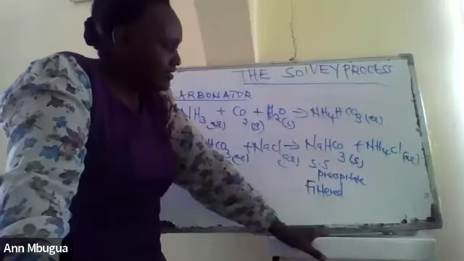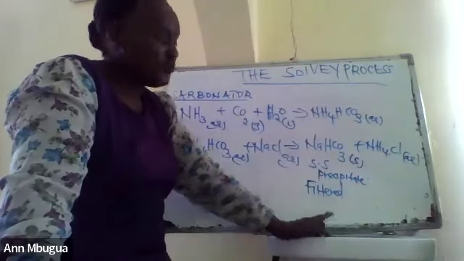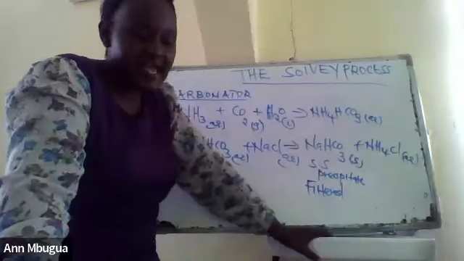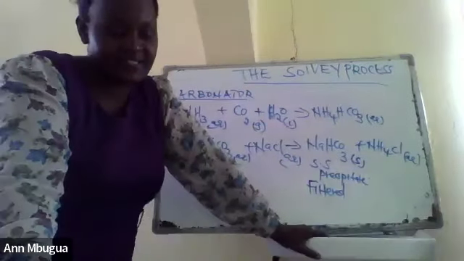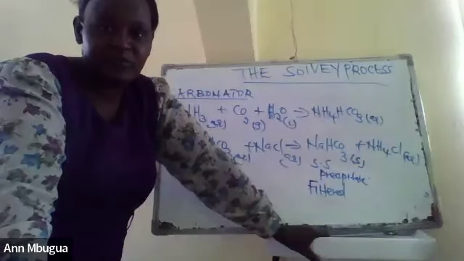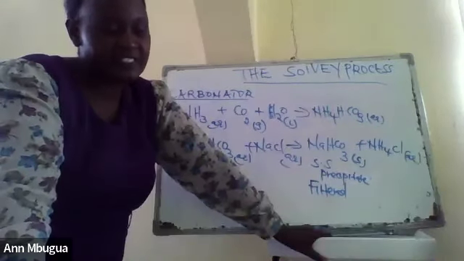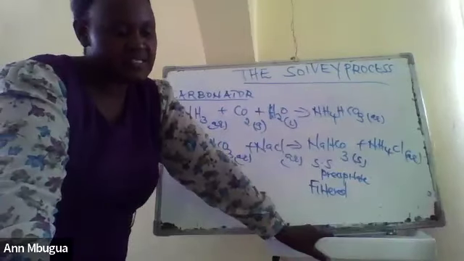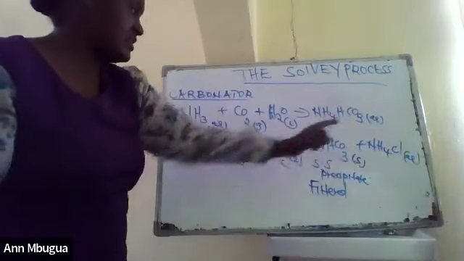Once it has been recovered through filtration, it is dried and heated. On heating, we've learned from the effects of heat on hydrogen carbonates, it decomposes to sodium carbonate, carbon 4 oxide, and water.